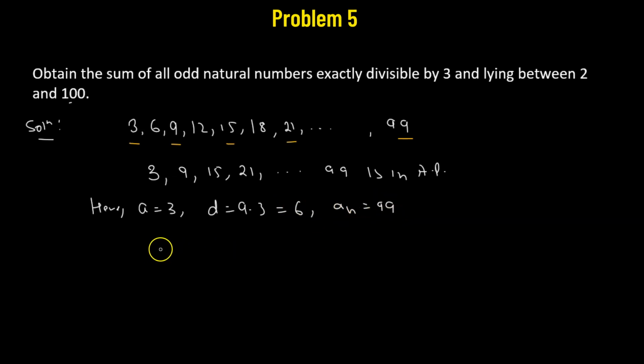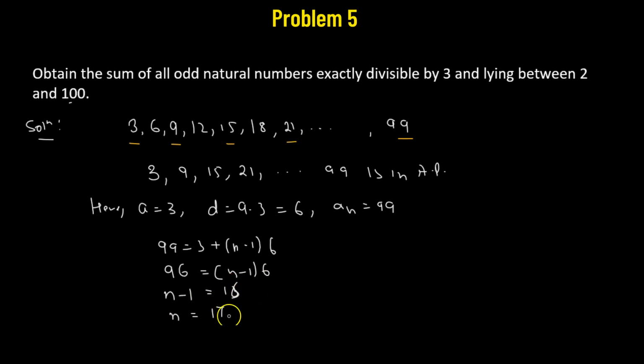Now let's find the total number of terms present here. We have 99 equals a plus n minus 1 times 6. So 99 minus 3, that's 96, equals n minus 1 times 6, or n minus 1 equals 96 divided by 6. So this is going to be 13. Oh no, 16. 16 times 6 is 96. The n value is equal to 17.